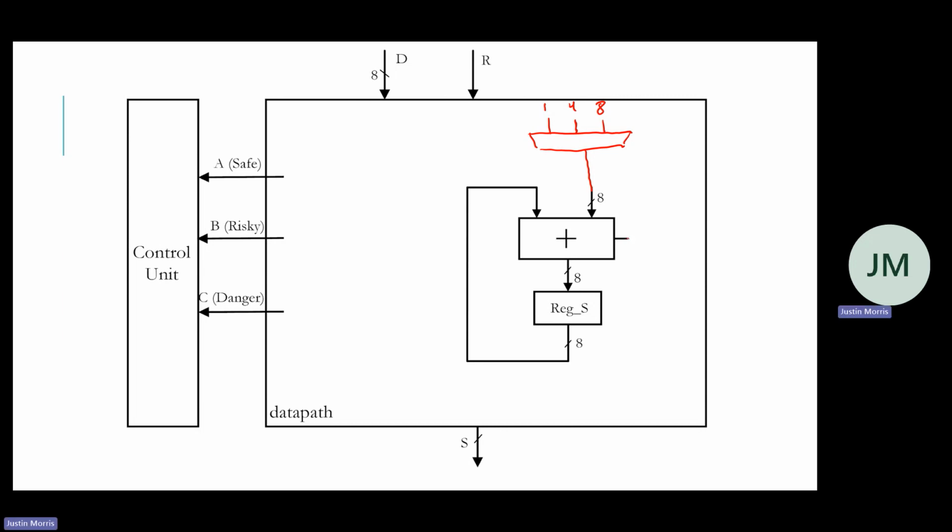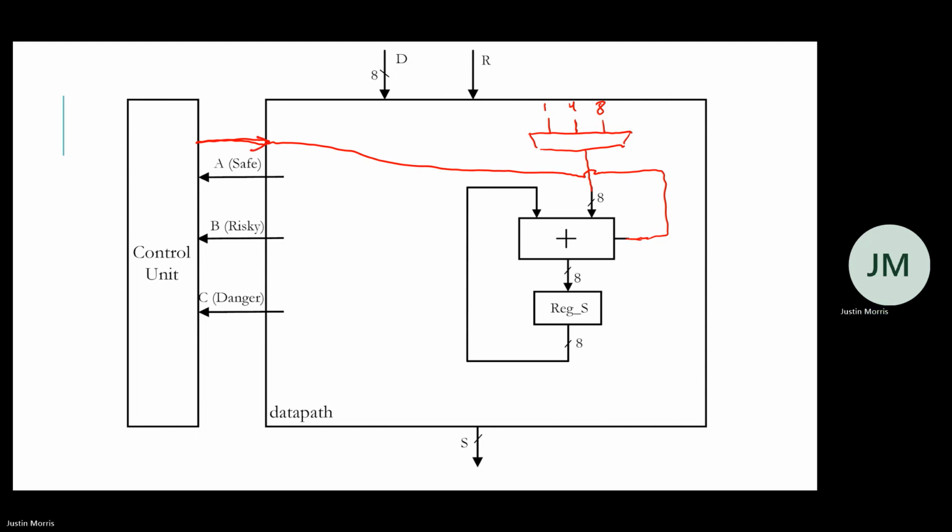So where should this go? What's going to set this? I need to be able to increment or decrement, so it's not always going to be 0. This needs to go to the controller. The controller is going to set this signal. So it's coming from the controller.